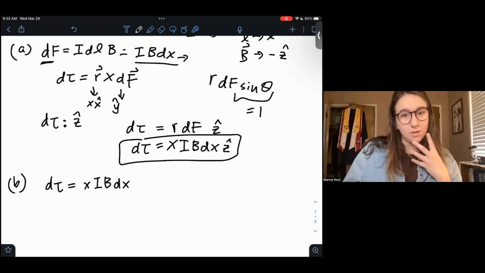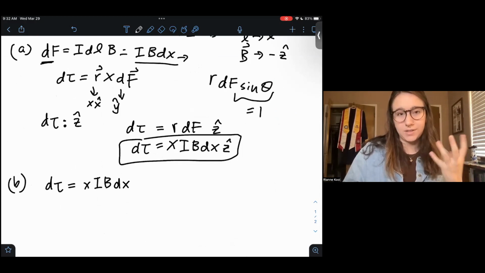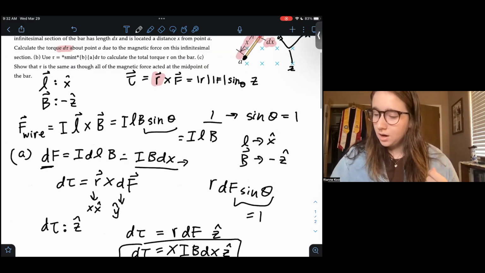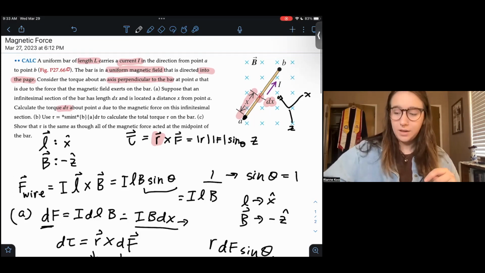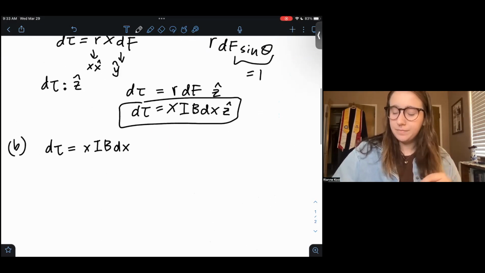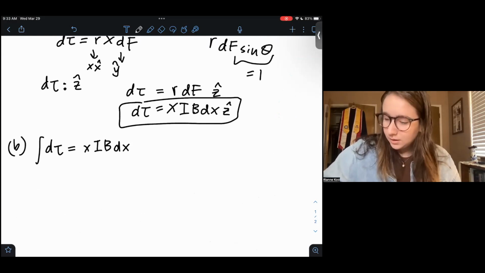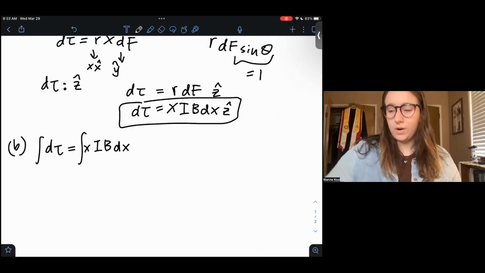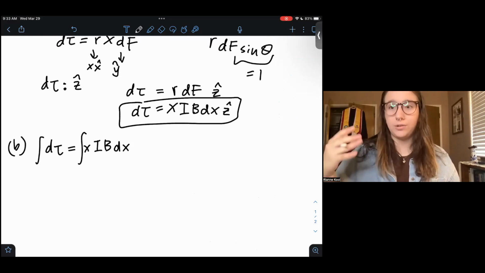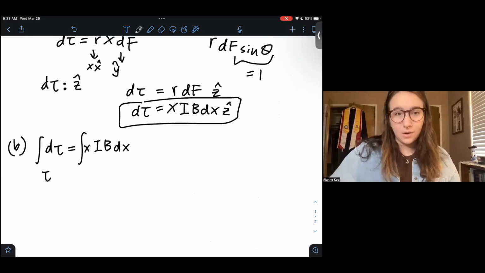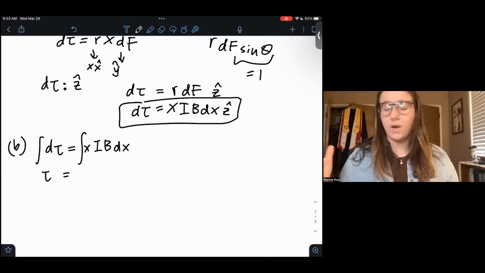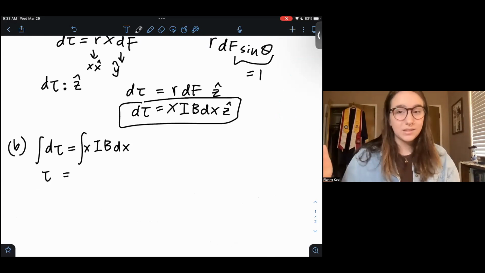If I want to find the total torque on the bar, I'm going to integrate this side and integrate that side. When I integrate d tau, I'm left with just tau. And now we have an equation on the right-hand side to find the total torque.